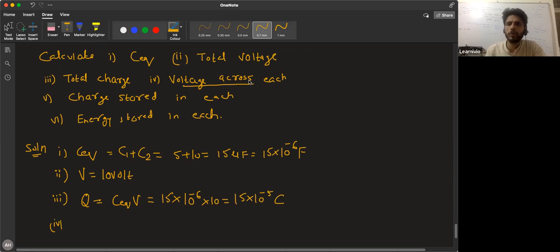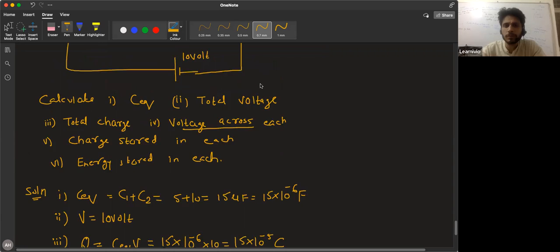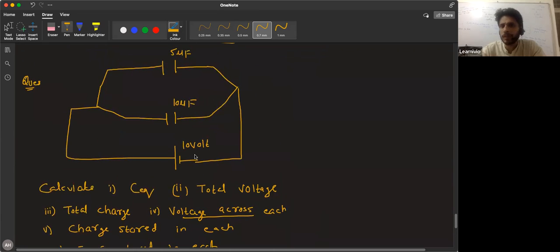Next, I want the voltage across each capacitor. Say you have two capacitors connected in parallel. What is the voltage across each capacitor?